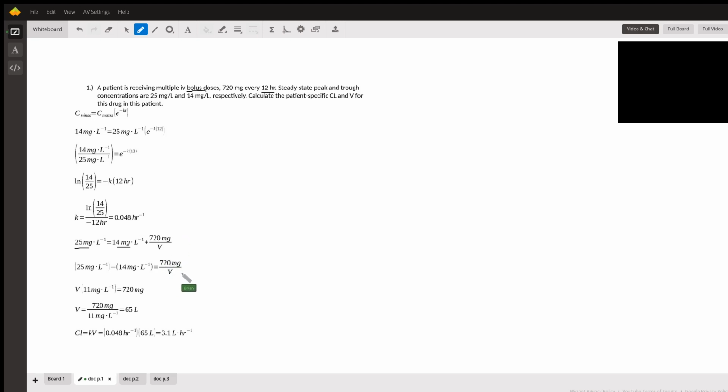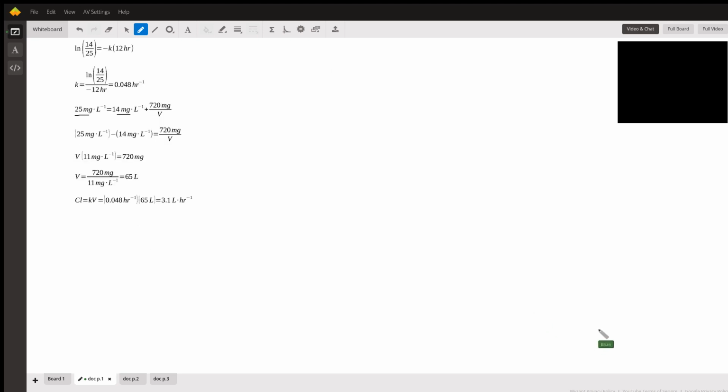So that allows us to solve for volume of distribution with a peak and a trough at steady state. And so we have a volume of distribution of 65 liters. Now, clearance is the product of the rate constant of elimination and the volume of distribution, and that is 3.1 liters per hour.